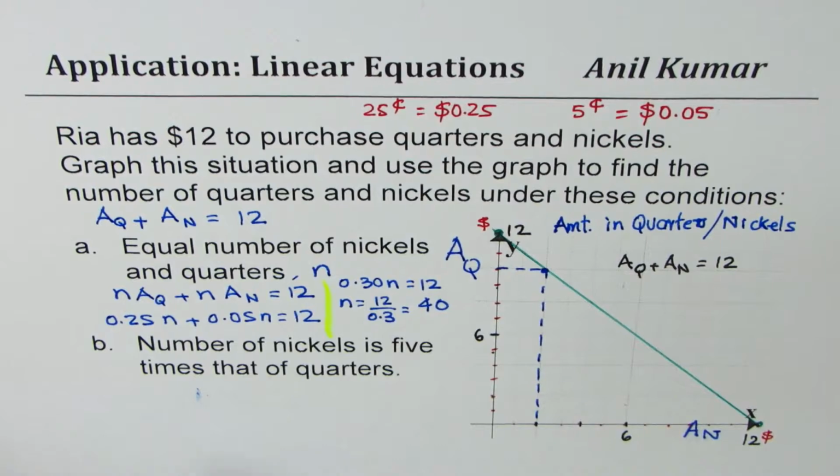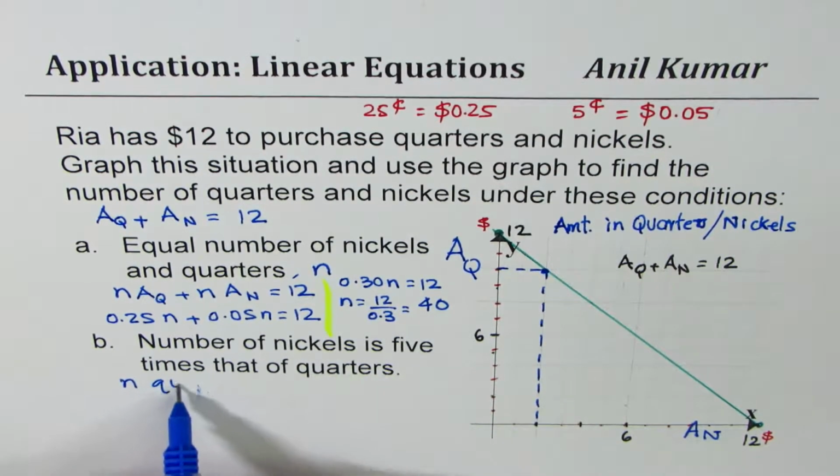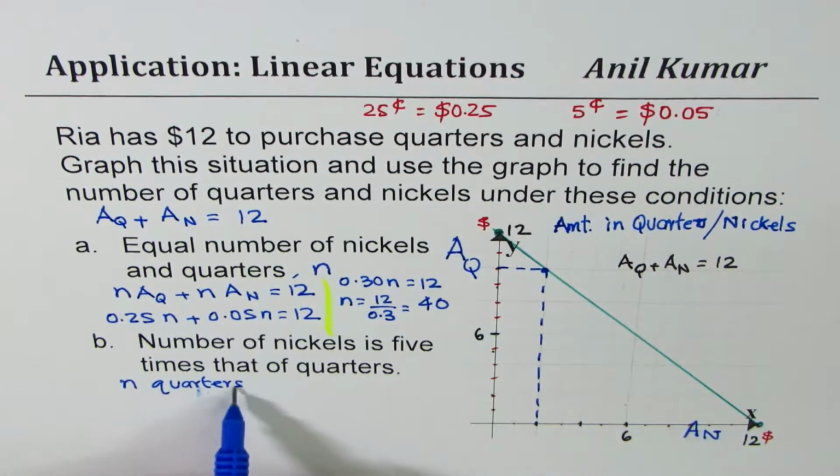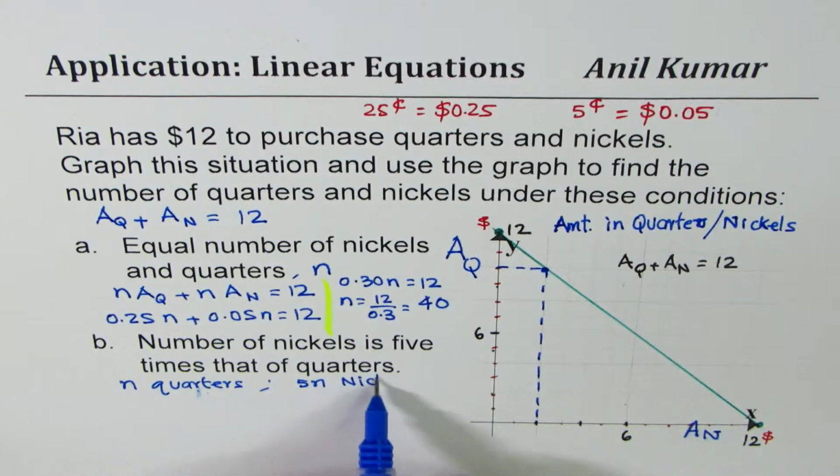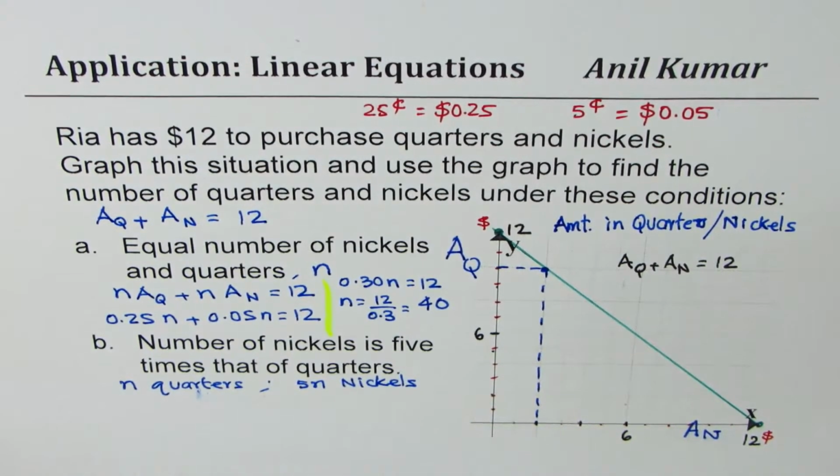Let's do the second part, which is number of nickels is 5 times that of quarters. So now we have, let us say, n quarters. If we have n quarters, then we have 5 times n nickels, right? So it says number of nickels is 5 times.